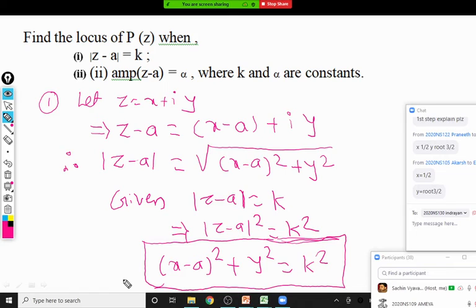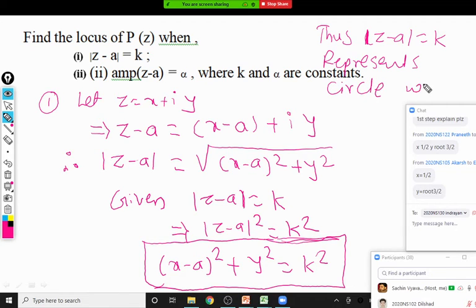It's a circle having center a comma zero. Correct. Thus, mod z minus a equal to k represents a circle with center a comma 0 and radius k.